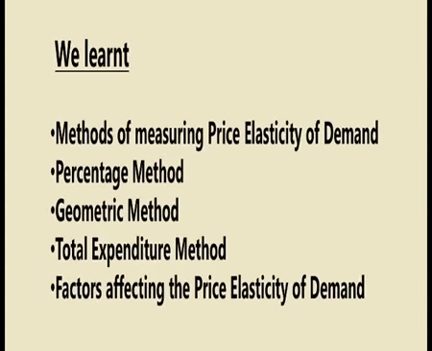There are different methods of measuring the price elasticity of demand that we have learned. First of all, the percentage method or the proportionate method. Through that method, we measure the elasticity of demand as the proportionate change in the quantity demanded to the proportionate change in the price.